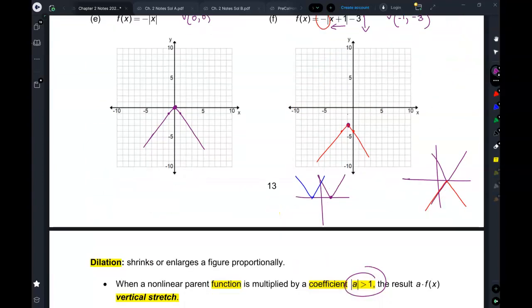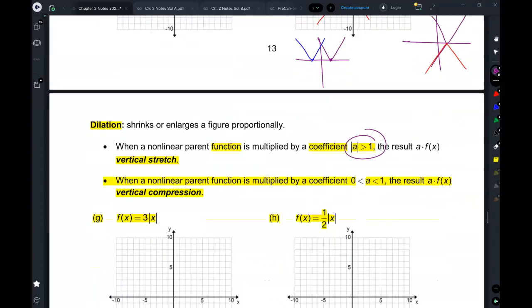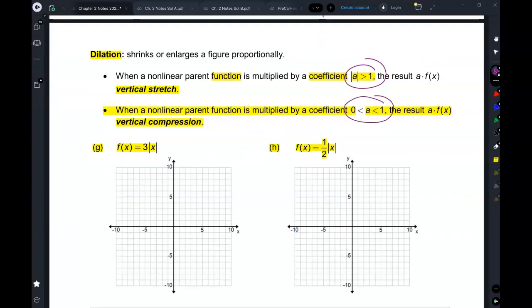It's like if I were to take this absolute value and stretch it upwards, what would happen? Would it seem narrower or wider? Narrower. That's if we multiply it by a factor greater than 1. If I multiply by a factor between 0 and 1, like 1/2 or 1/3, then it's a compression. So I would press downward, and it would look wider, right? Because you press down and it bulges this way.